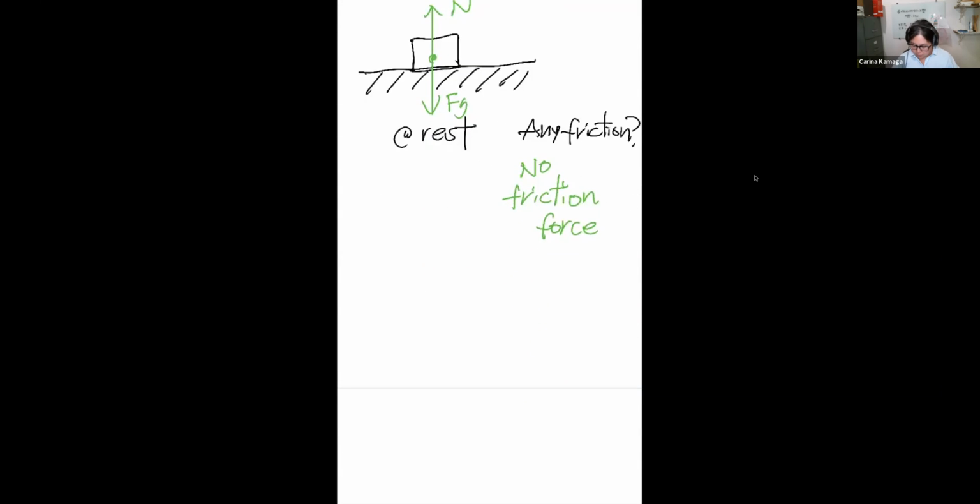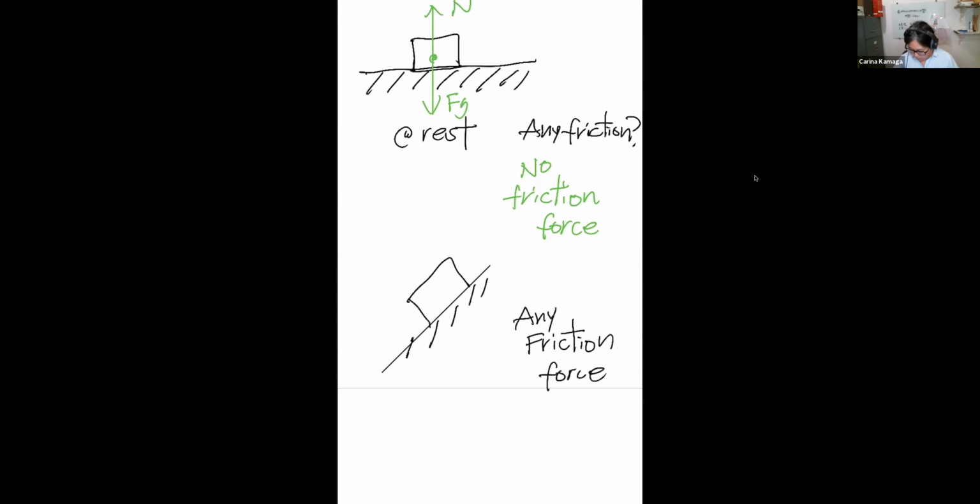Then what happens when the object is at a slight angle? Is there any friction force? This object is still at rest.